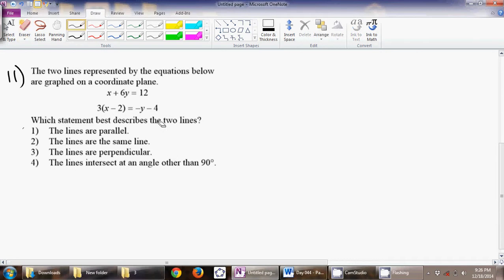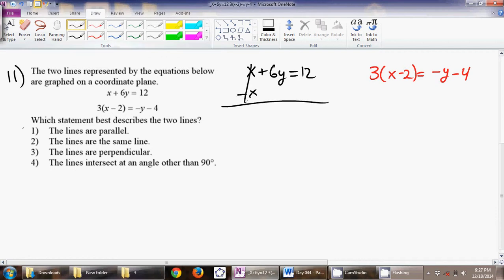So to do these, we're going to need to know the slope for each of these lines. So x plus 6y equals 12. And my other line is 3 times x minus 2 equals minus y minus 4. So let's solve for y for each of these. The first one, I'm going to subtract x from both sides.